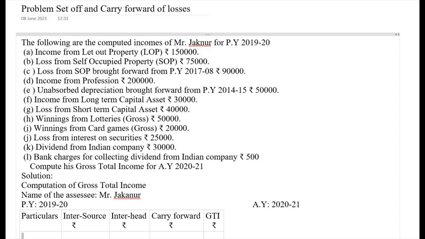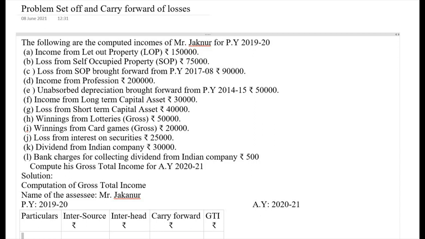Then there is income from long-term capital asset, that is rupees 30,000, but we have got a short-term capital loss of rupees 40,000. So we can adjust to the extent of 30,000, and the remaining short-term capital loss can be carried forward to the next assessment year, and it cannot be adjusted against income from business, though we have sufficient income. Then winnings from lotteries, we are given the gross, so directly we can take it to the GTI column. Similarly the card games also.